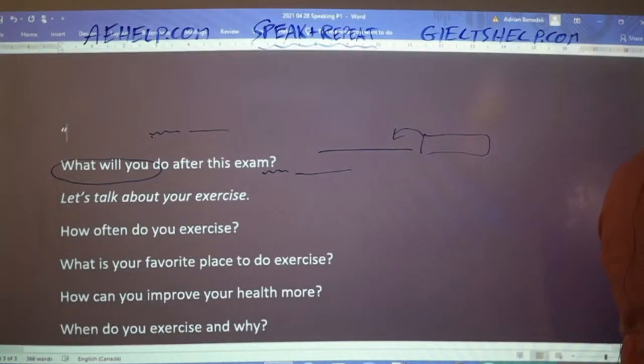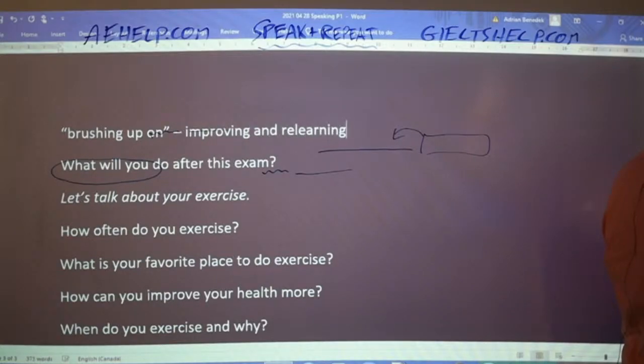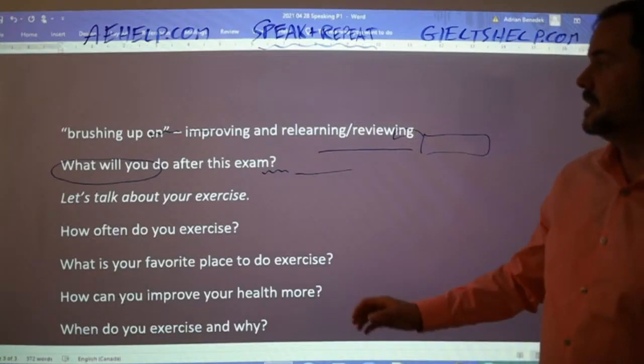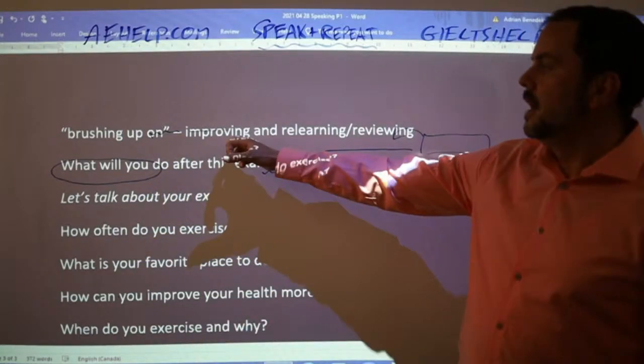Yeah, some good guesses, students. Brushing up on means improving and relearning, reviewing. Okay, so that's the sense of this idiom, brushing up on.